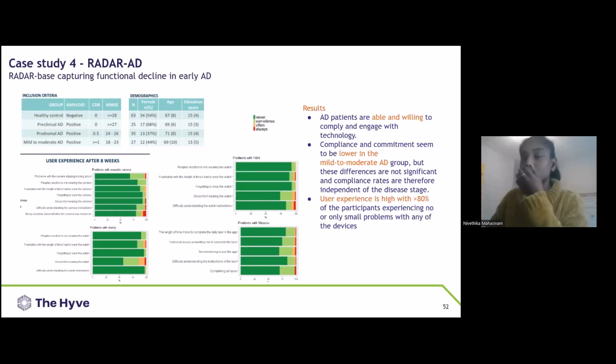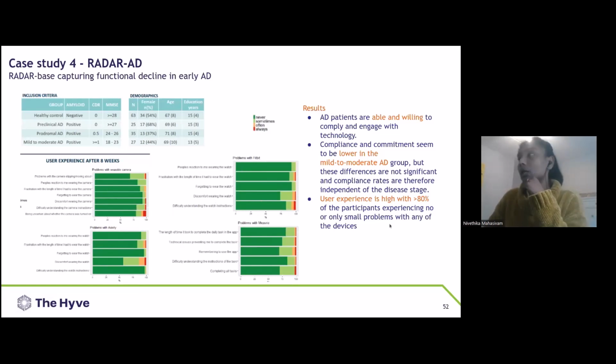Mild to moderate AD patients may have trouble actually working with such technologies. There were different questionnaires per device or data source that they were using. But overall, they were quite welcoming of the technology, and they didn't have a lot of trouble using a particular data source or device.